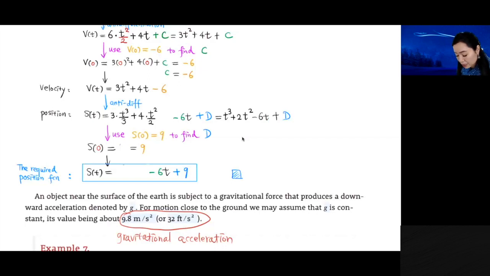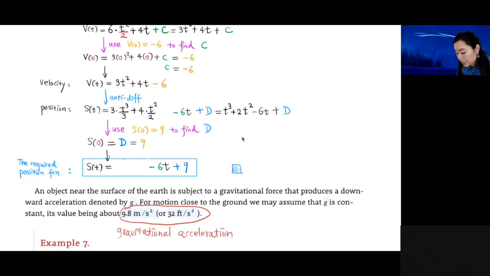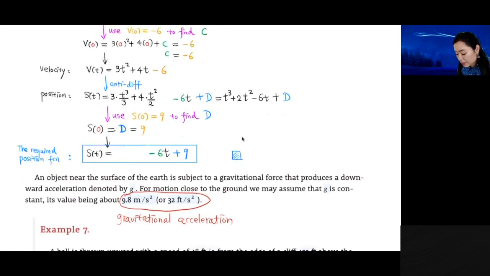So d equals 9. Now you put the 9 into d and you get the position function: t cubed plus 2t squared minus 6t plus 9. So this is the required position function.